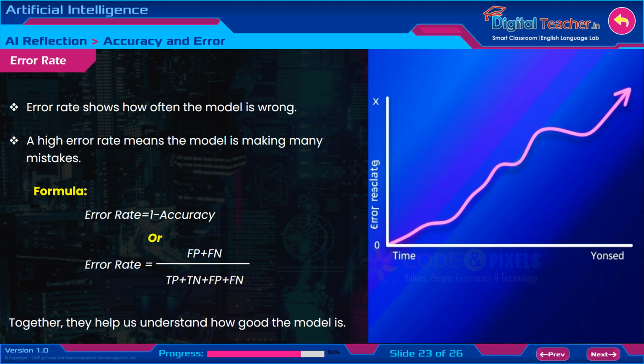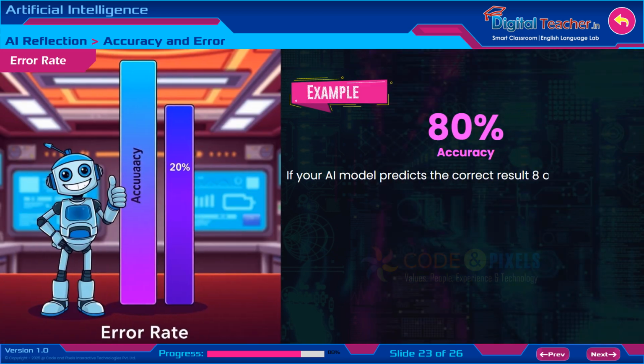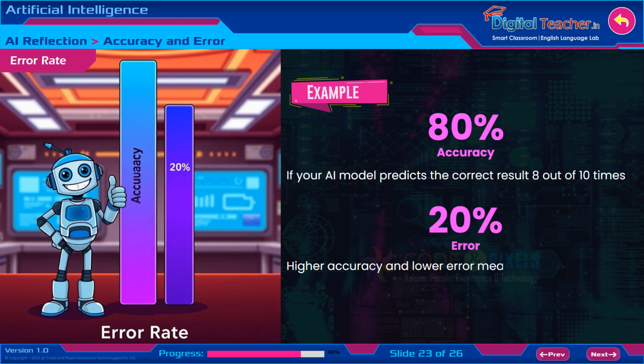Together, they help us understand how good the model is. Example: if your AI model predicts the correct result 8 out of 10 times, the accuracy is 80% and the error is 20%. Higher accuracy and lower error mean a better model.